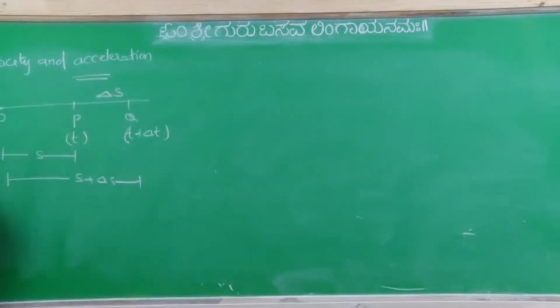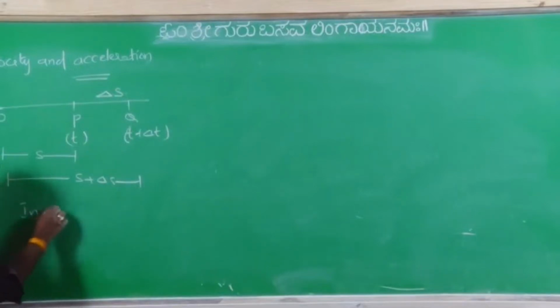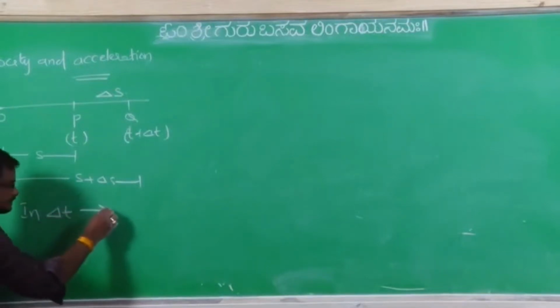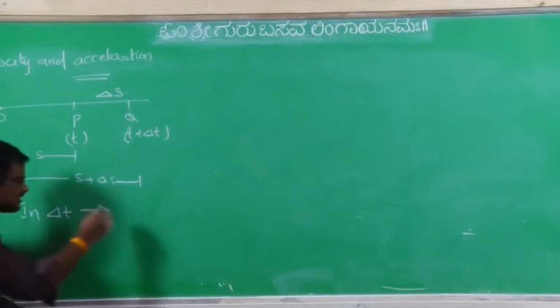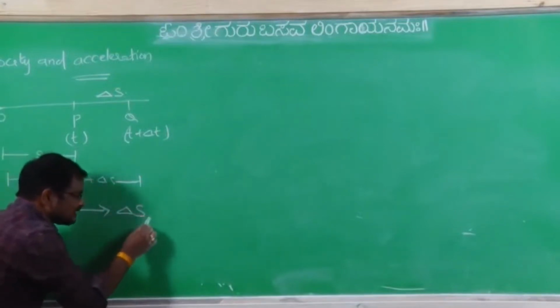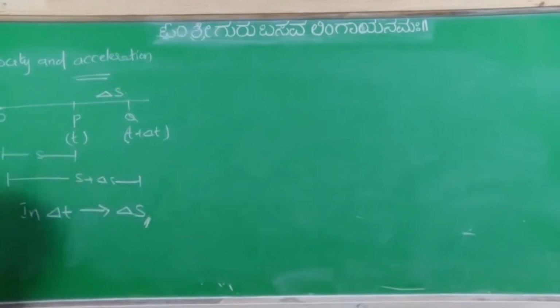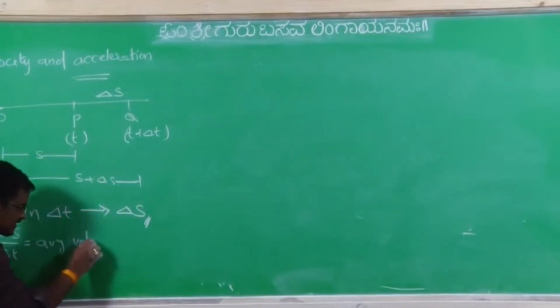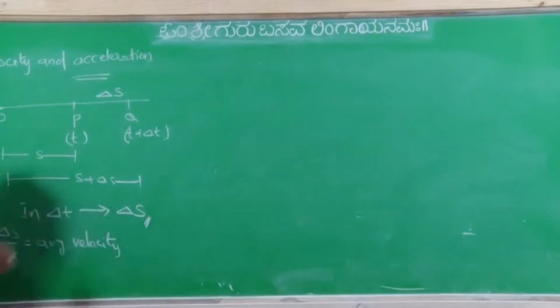Now this is delta s. In delta t time, the particle covers the distance delta s. Now here delta s by delta t is the average velocity of the particle.